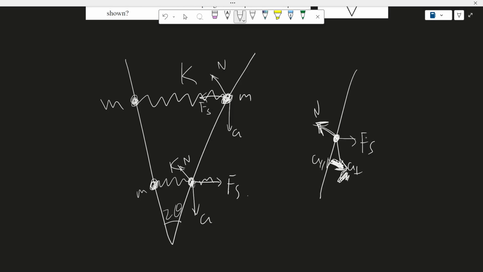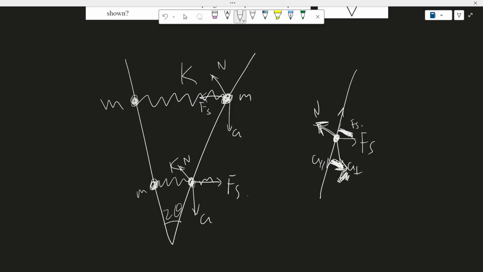And same thing with the spring force. We can decompose the spring force into a component up the rail, and another component opposite to the normal force.